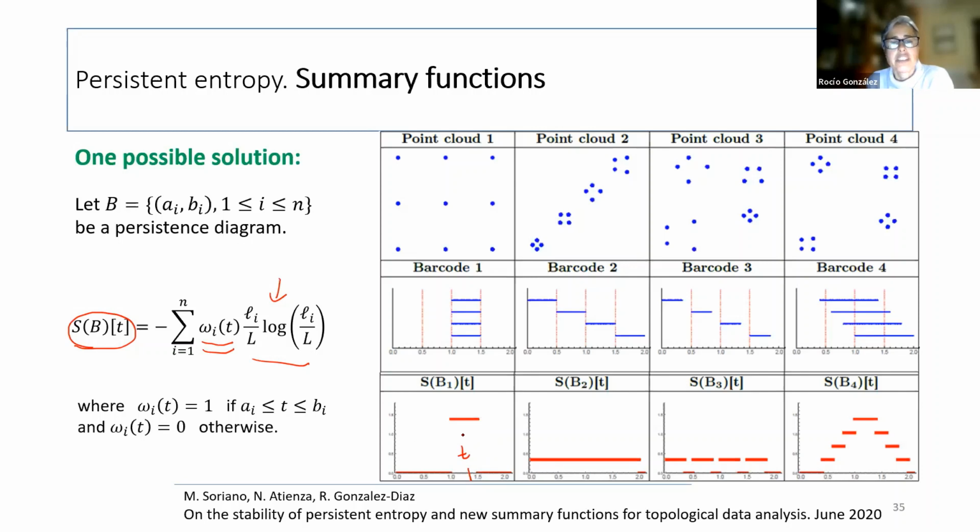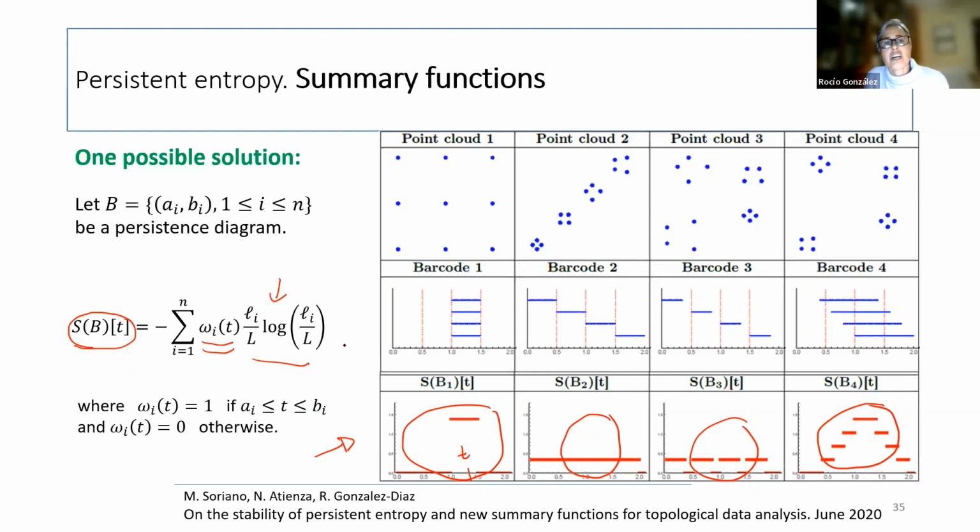So we have a function, and you can see in this last row that these summary functions are very different in the 4 cases. This summary function is also stable under some constraints, like the persistent entropy value.